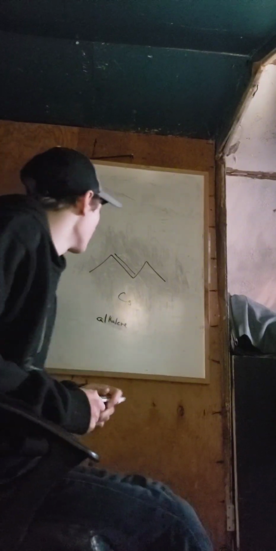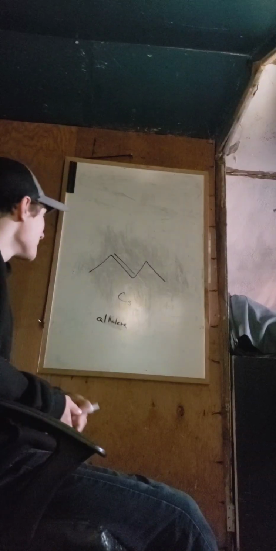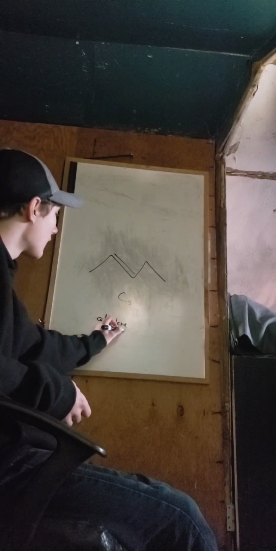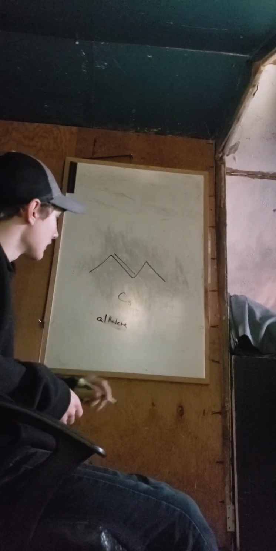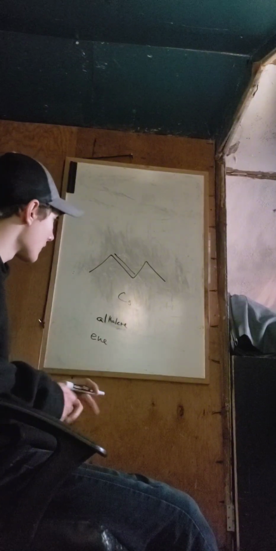Sorry if I spelt that horribly wrong. This is ene, by the way. My bad, guys. But since we have our double bond, it's going to be an ene. So, this is an ene at the end of our name.